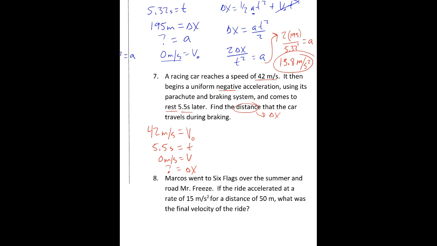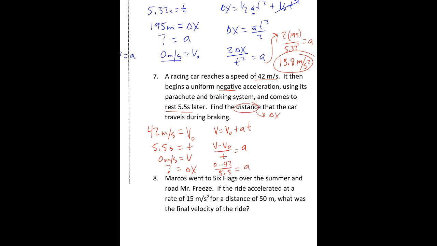Okay, so v equals v naught plus at. And we're going to rearrange to solve for a. So v minus v naught over t equals a. V minus v naught is 0 minus 42 divided by 5.5.